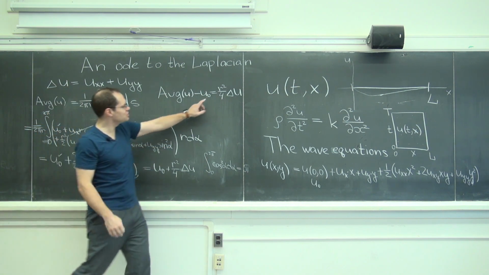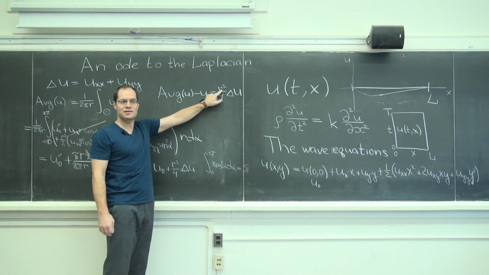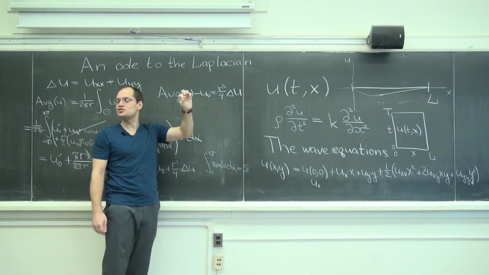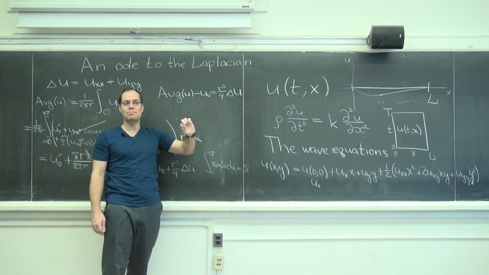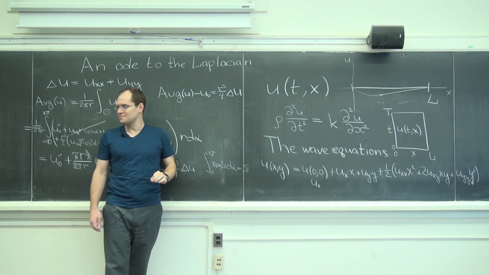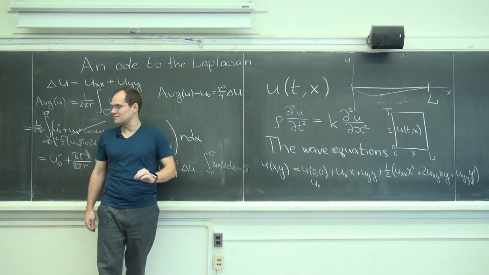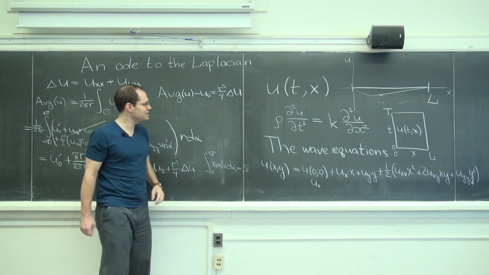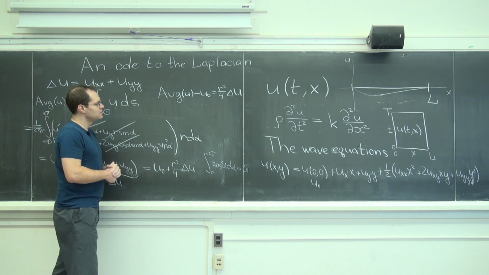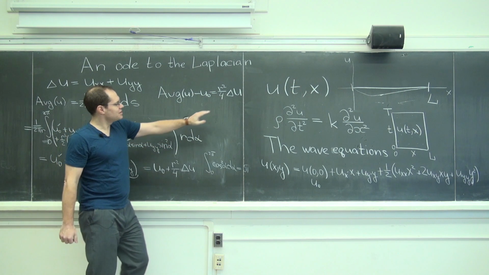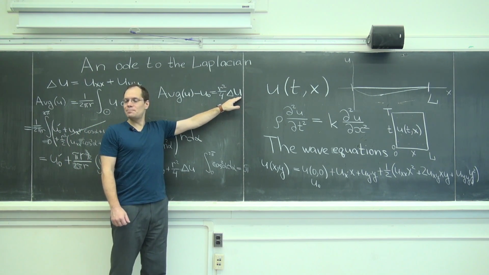So if you want your units to match, there needs to be something that's proportional to r squared. And it also means that as the circle shrinks, that discrepancy gets smaller and smaller. And that discrepancy is proportional to r squared. So of course that's the case. But what's very interesting is that it's also proportional to the Laplacian.